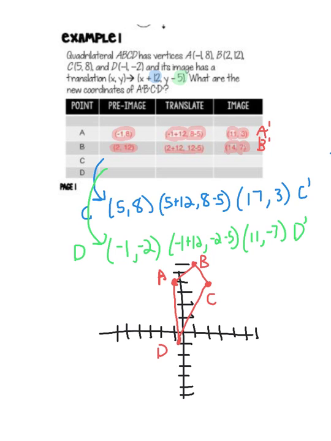Now when we go to plot our image, right, our transformed points, we get that A prime is at 11, 3. B prime is at 14, 7. I guess I didn't draw this wide enough. There we go. 14, 7.